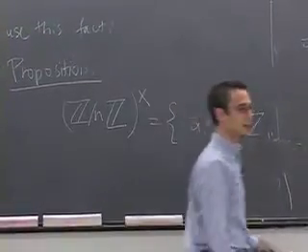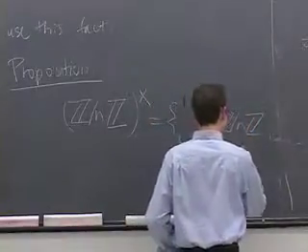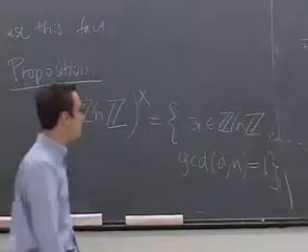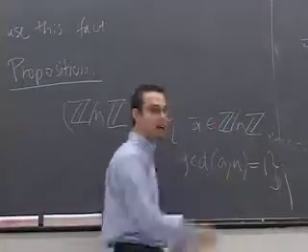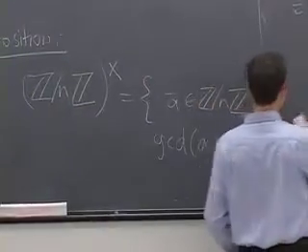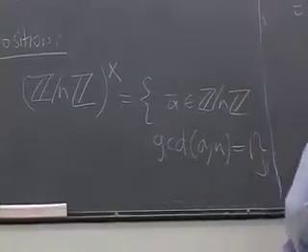Yes? a and then the rest of the bar. Exactly. The GCD of a and n is 1. Or to use a more abbreviated terminology, a and n are relatively prime. So this is very easy to prove now that we've established these sorts of basic arithmetic facts about the subgroups of Z.